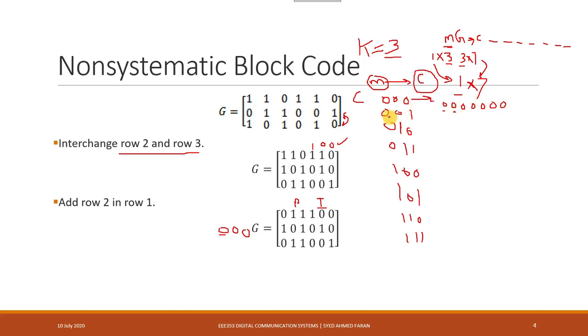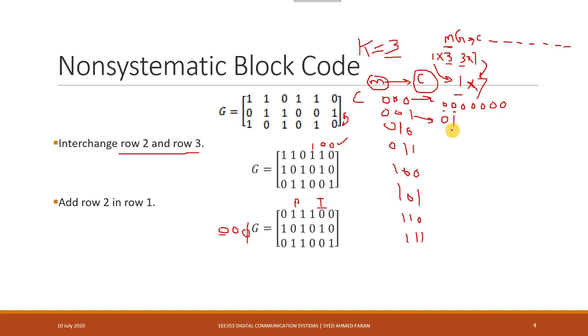Let's look at 0 0 1. When I multiply 0 0 1 with this generator matrix, I do 0 into 0 plus 0 into 1 plus 1 into 0. So again I get a 0. For the second value, 0 into 1 plus 0 into 0 plus 1 into 1, so the answer is 1.